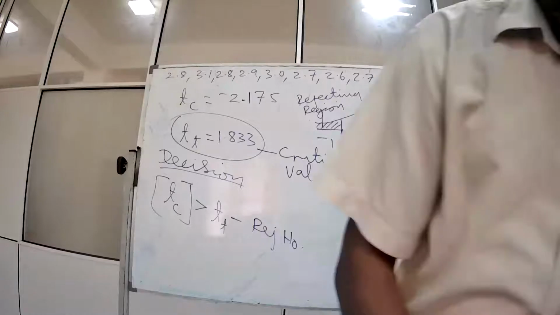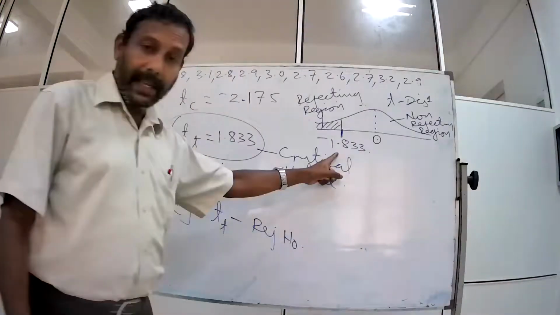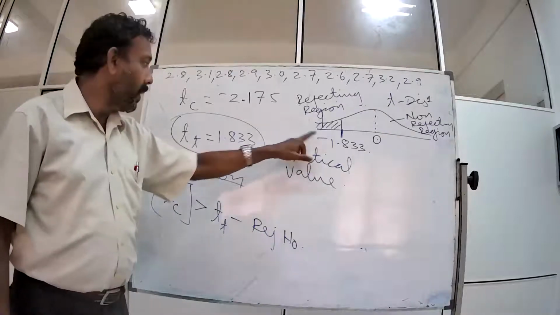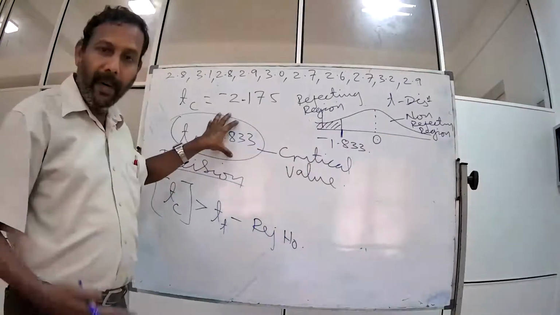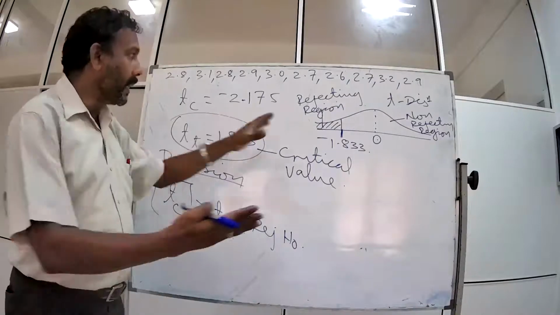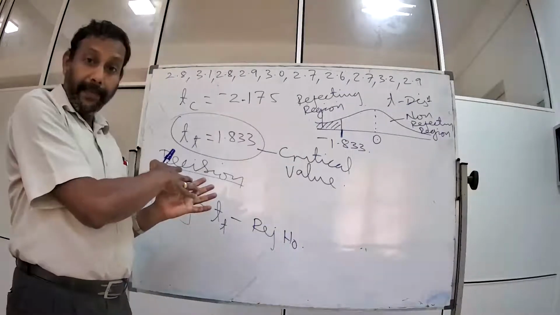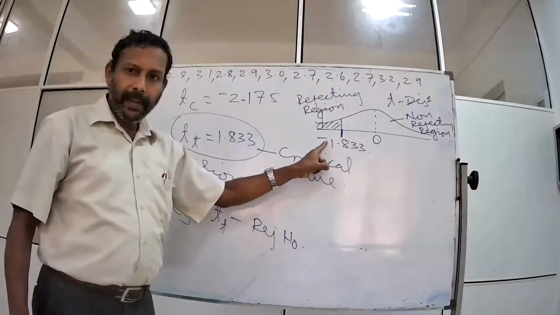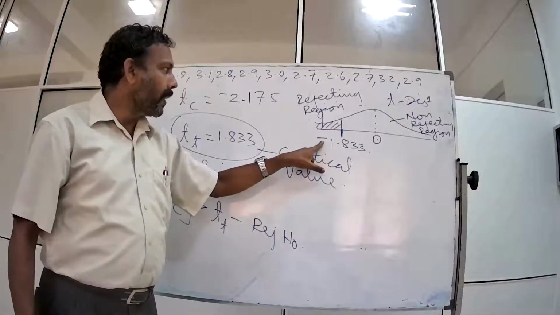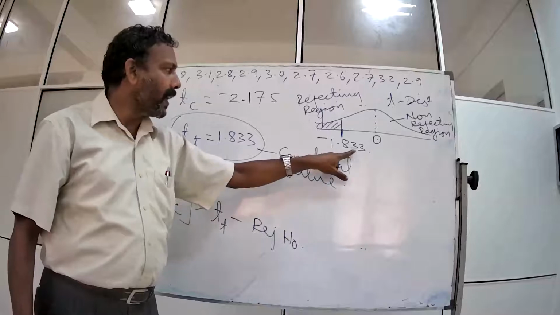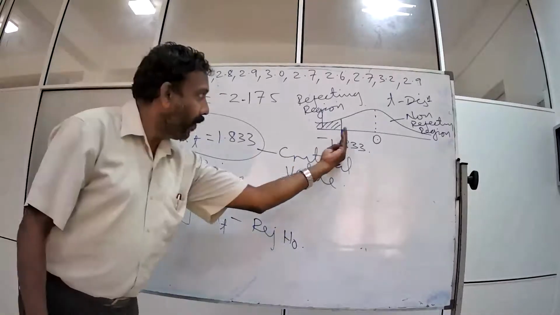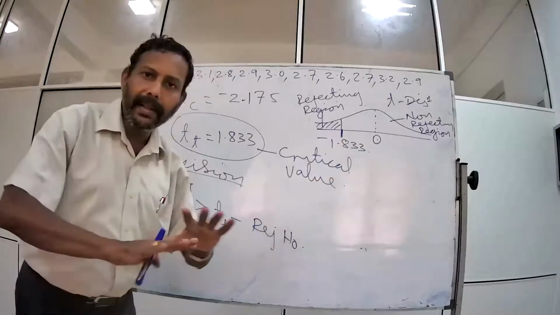So that is what this critical point says. How does this minus value come? In the table, you always get a positive value, because here we are looking at the left tail. It is always a minus value. So we say minus 1.833 as the critical value. Any value falling in this region, we reject.